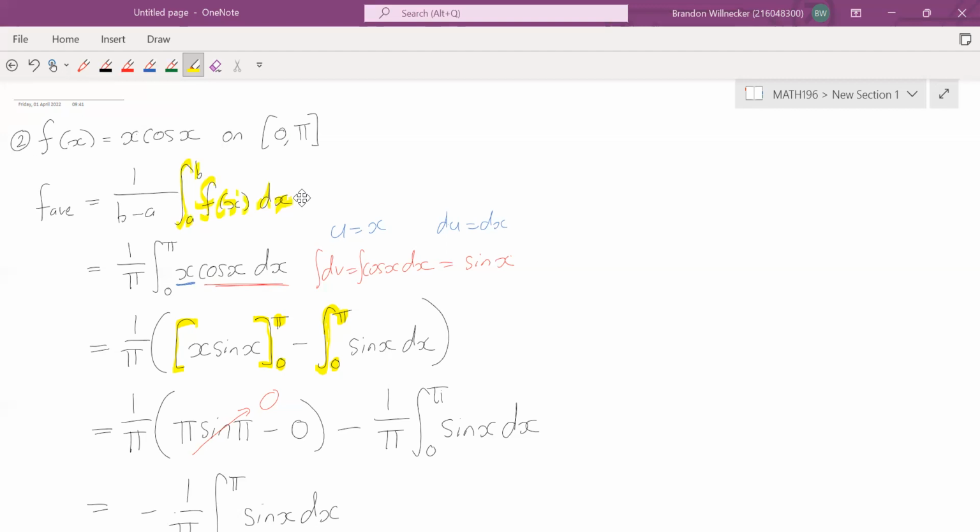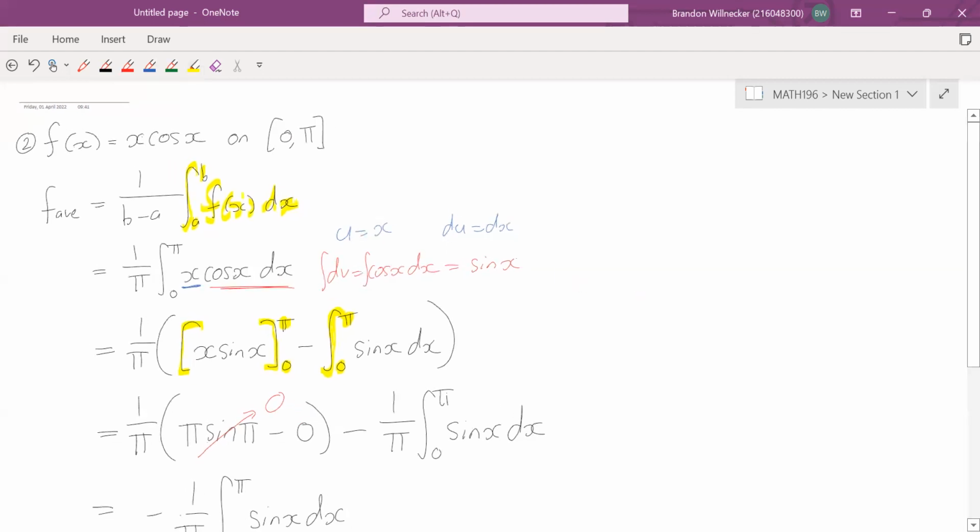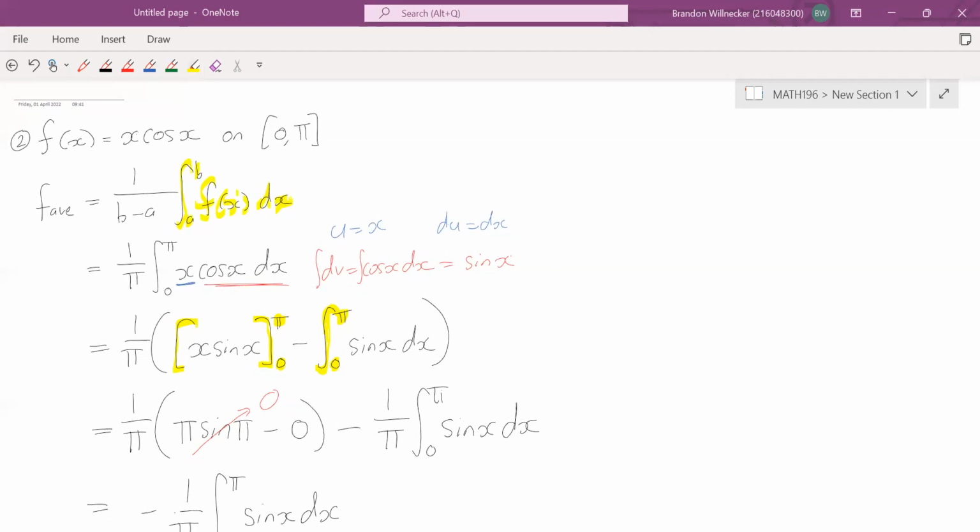So maybe you have to do a u substitution first and then integration by parts, or maybe the second integral for integration by parts could have another u substitution. So it's not going to be your regular polynomial integration. It's going to be something a bit more difficult than that. So just keep that in mind when you have to go through these questions. Okay, so do you have any questions for me so far?